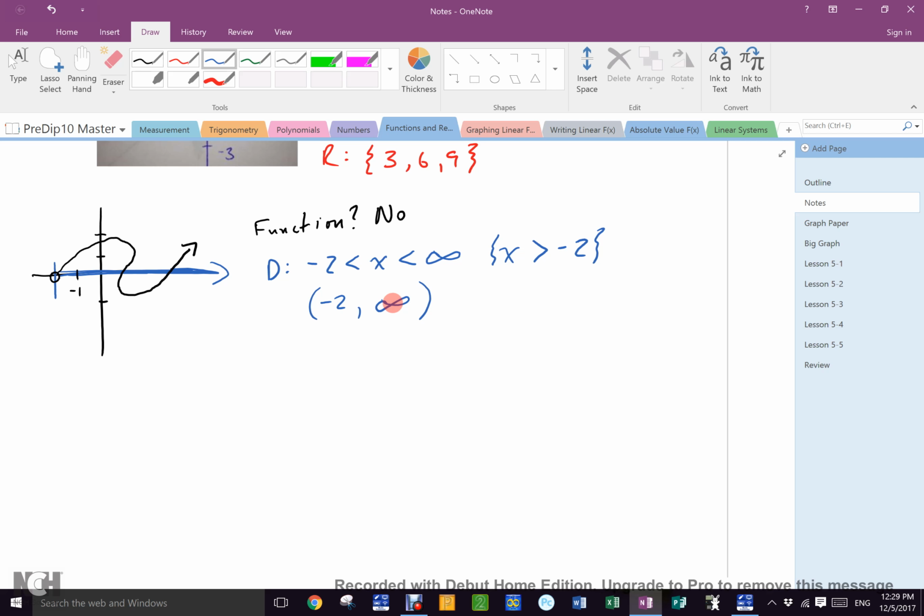Okay? All right. So what then is the range? Does anything change? Where do we go? On the y-axis. Great.